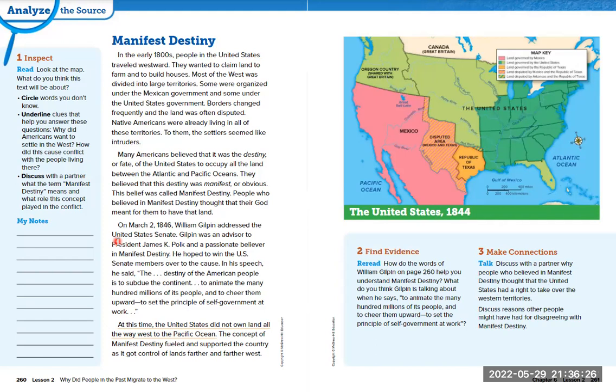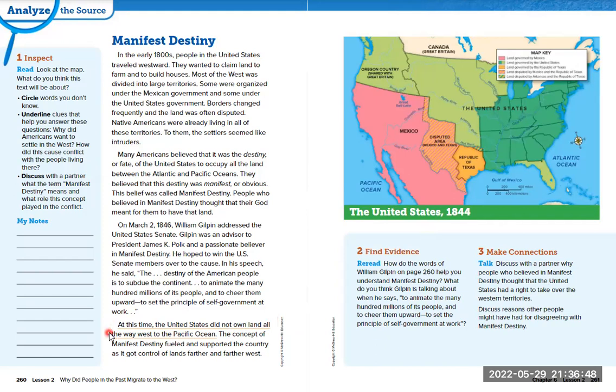So he is trying to tell them that he believes that the American people who are settling into this country, coming from the East Coast, it is their right, it is their property to take control over the whole of the United States and to help them do it using the government.